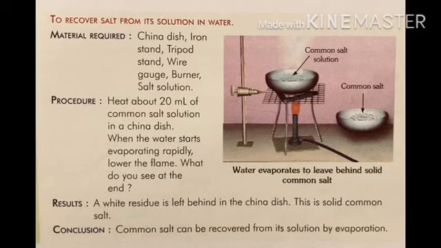This is a solid, common salt. Conclusion: common salt can be removed from its solution by evaporation. We can get salt from the ocean water by this process. It means we get salt from the ocean water by the process called evaporation.